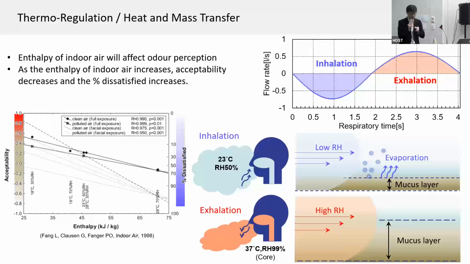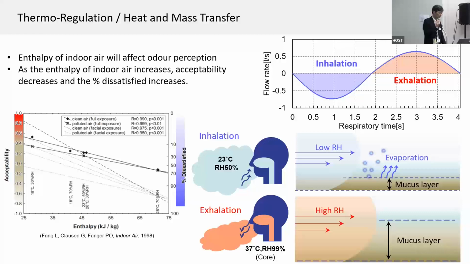Here, I would like to point out very important previously reported achievements, as shown in this left-hand side slide. The horizontal axis of these results shows the enthalpy from low to high. The vertical axis shows the acceptability and percentage of dissatisfied. Based on this research, we can say the enthalpy of indoor air will affect odor perception.